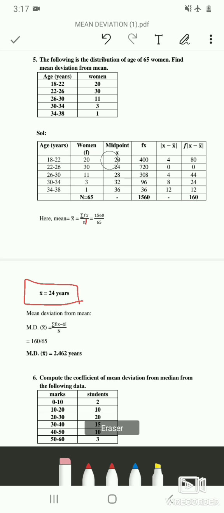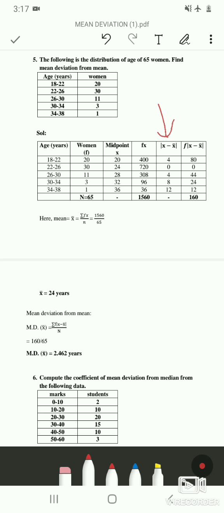Once you get the mean value, the next step is to create a column of the absolute value of x minus x bar. Here x is our midpoint. So the first value would be 20 minus 24, that is x bar. This is an absolute value. 20 minus 24 is minus 4, but we have to ignore the negative sign.